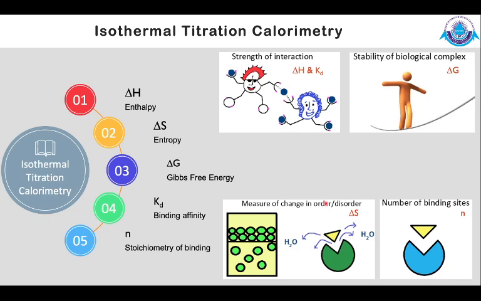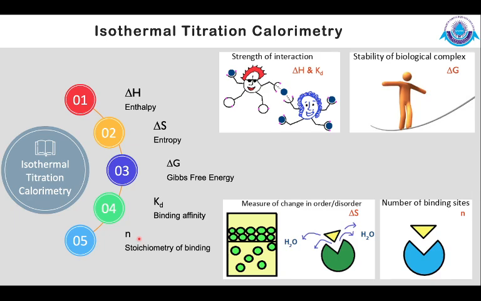That can be easily identified by this n value, that is the stoichiometry of binding. If the stoichiometry is 1, that means you will have just a 1-to-1 complex, that means there is only one binding site. And we have examples where there is more than one binding site, that means we will have a stoichiometry of 2. Okay, so that's telling us that there are 2 sites in the enzyme that we should be aware of.